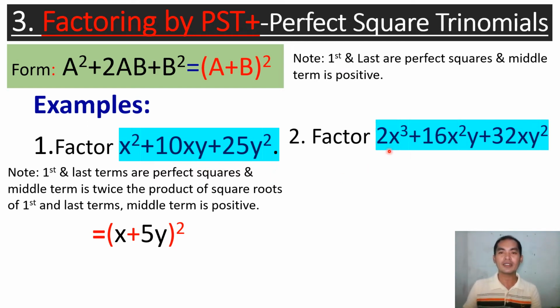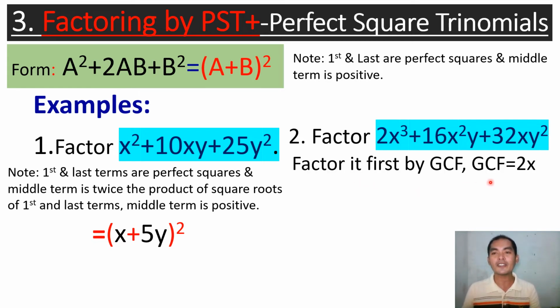Another. Suppose we have 2x cubed plus 16x squared y plus 32xy squared. Ang first step lagi, kahit anong klaseng factoring, ang una ninyong pakatandaan ay kung pwede siyang i-factor by GCF. You factor it first by GCF. In these three terms, the GCF is 2x. We divide all the terms by 2x to get the other factor.